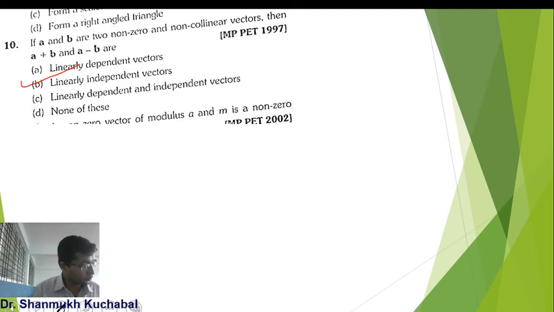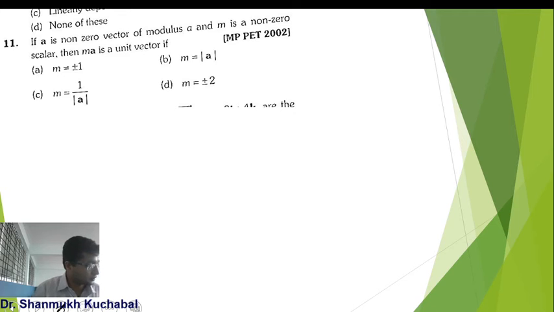You can take a screenshot. Yes, we'll move to our next example. If A is a non-zero vector of modulus A, and M is a non-zero scalar, then MA is a unit vector if. Unit vector means we write it in a mathematical formula: magnitude of MA equal to 1.